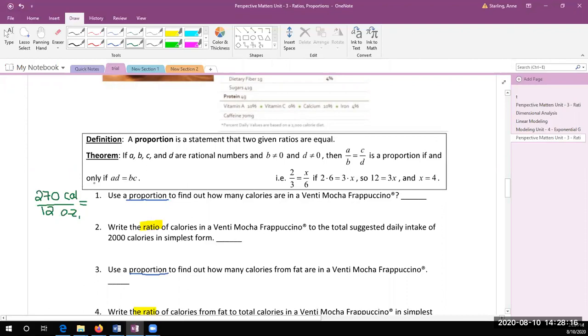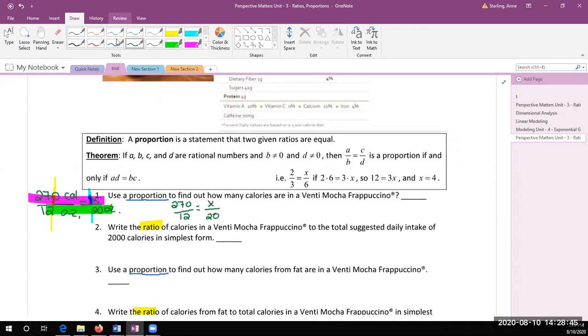So in a venti, I do not know how many calories, but I know that it's 20 ounces. And when I'm labeling these, this column is my tall, and this column's my venti. And then if I'm going across, calories and ounces. So to make that look a little nicer, I have a proportion of 270 over 12 equals x over 20.